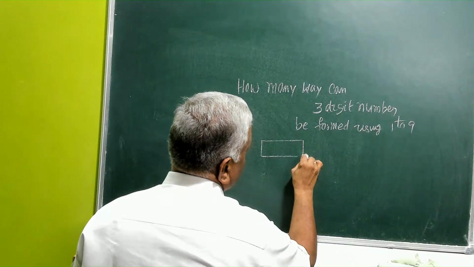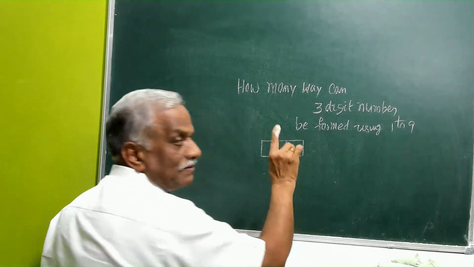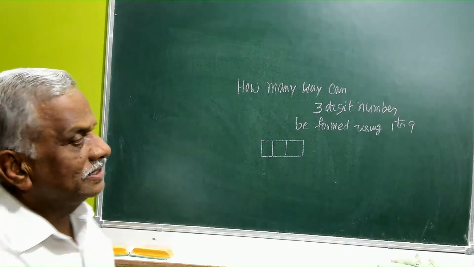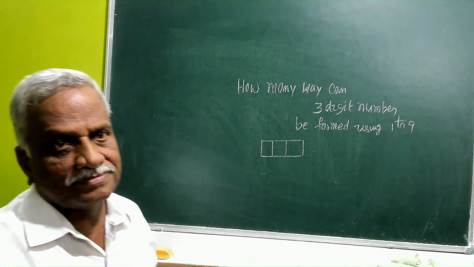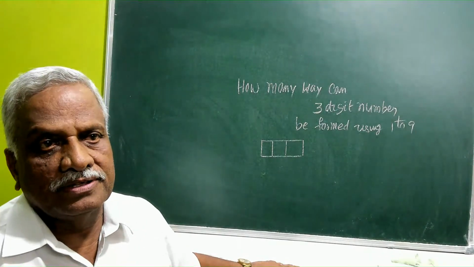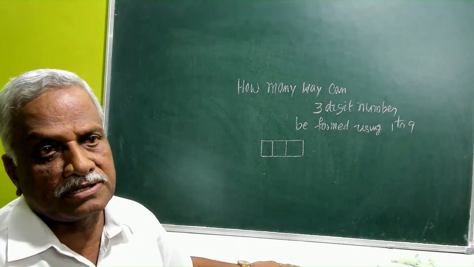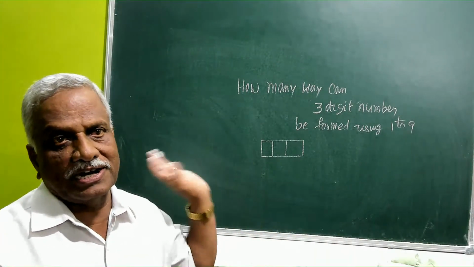Working this problem will help you to recollect what we did yesterday, and we have done a number of problems. This is similar to filling 3 boxes with 9 digits. There is no condition. Yesterday we worked a problem where the number should be more than 6,000, or another case where the number has to be even or odd. There is no condition here.